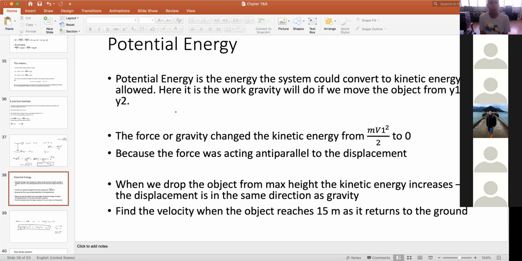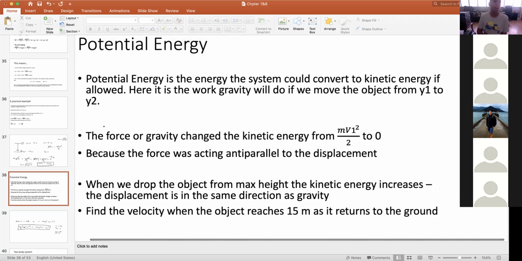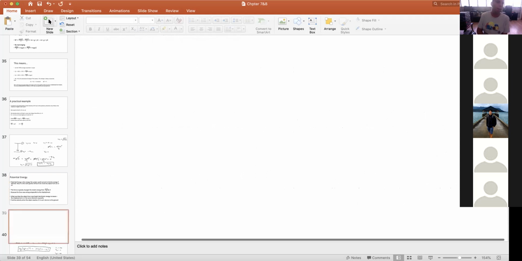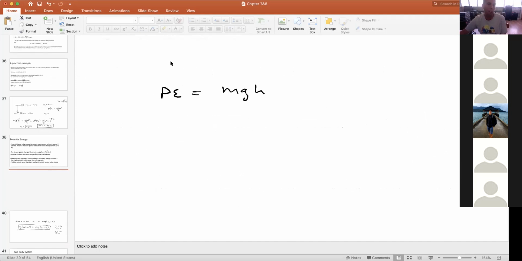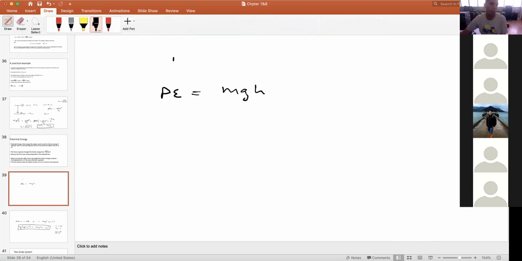Potential energy, this is all more of the same. I will say that this is one thing to remember. Notice that our potential energy is mgh, and our force of gravity, our force of gravity and our potential energy of gravity. So what is this?